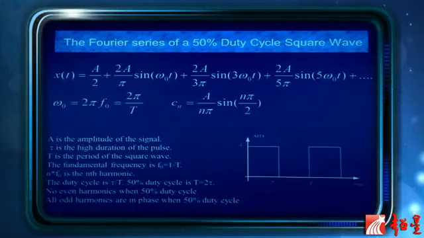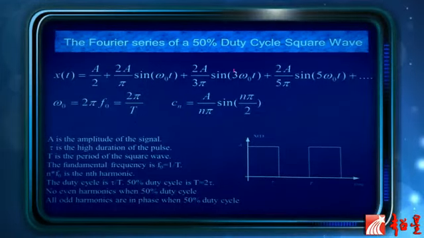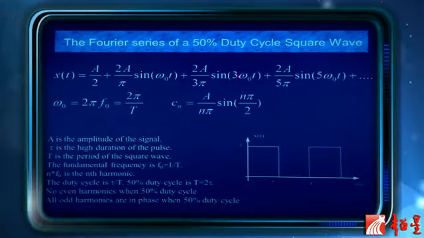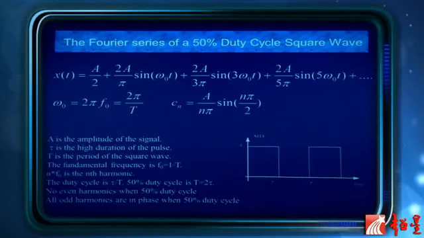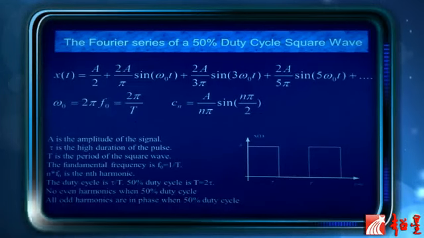This 50% duty cycle signal only has non-zero components for odd harmonics, okay? Third harmonic, fifth harmonic, seventh harmonic, and so on. So this is the simplest square wave expansion, okay?